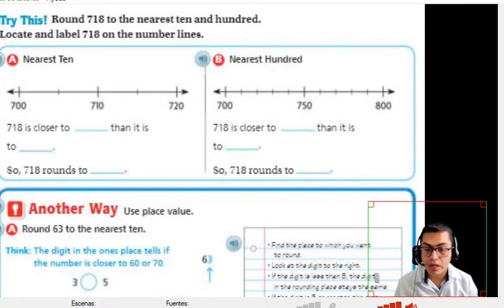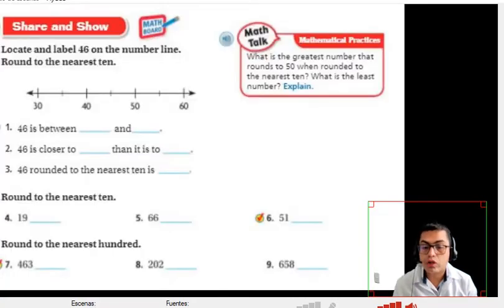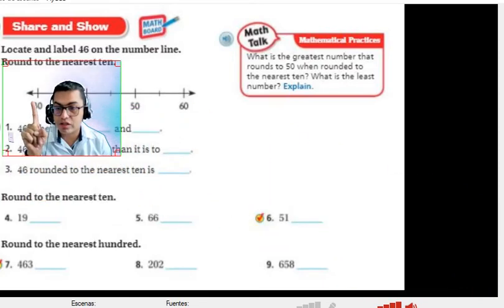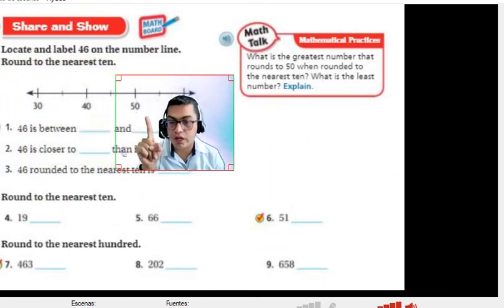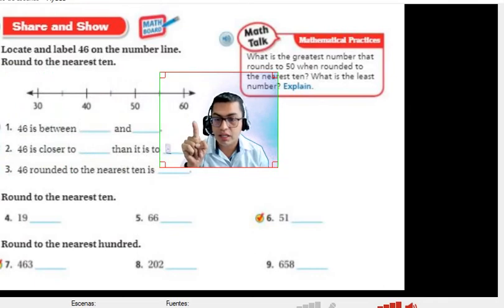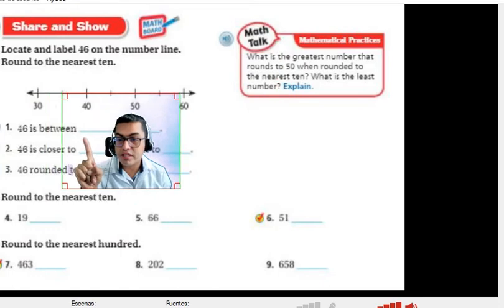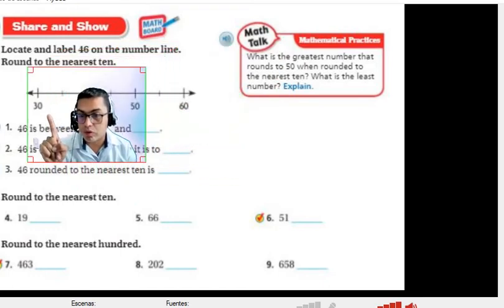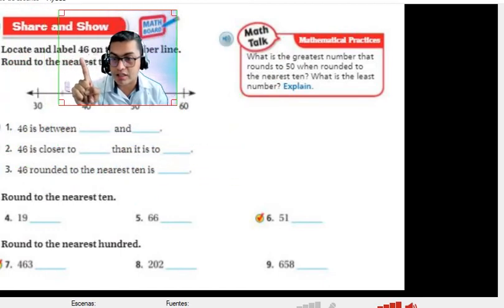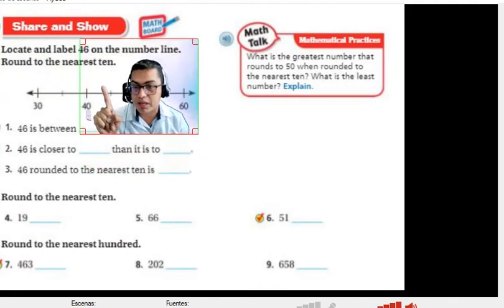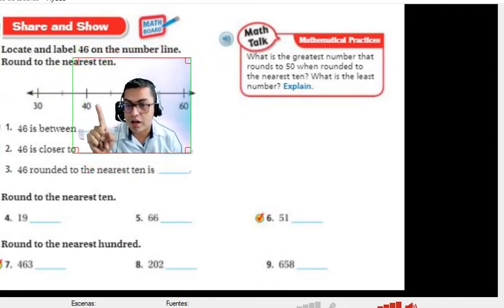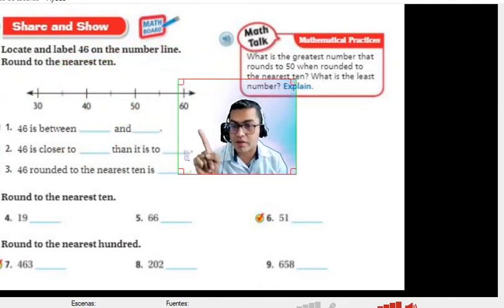Okay? So, you are going to do by yourself, tú solito, the next example. Here, ya te hicieron la línea, 30, 40, 50, 60. Yes? And here the questions. 46 is between... van a ubicar el 46, aquí les dice locate and label the 46, van a hacerle la rayita, donde sería el 46, y acá está 40, acá está 50.